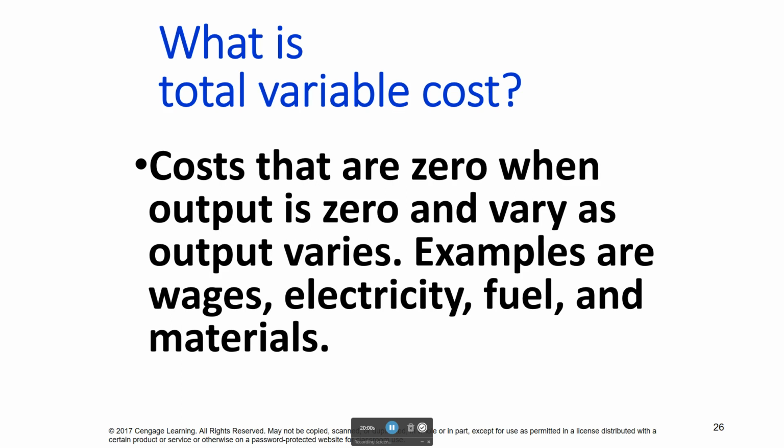So my variable cost at 0 units of output would be 0. Then if I hire one worker at $10 an hour, my variable cost would go up to $10. If I hire 2 workers for an hour, that's $20 and so forth and so on.